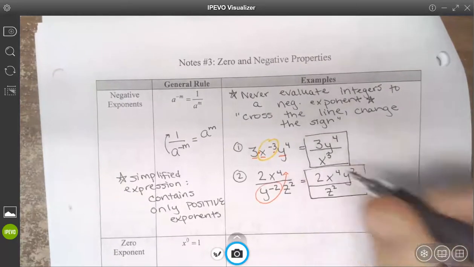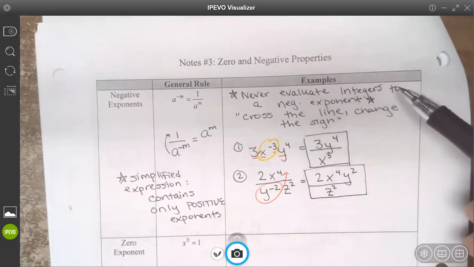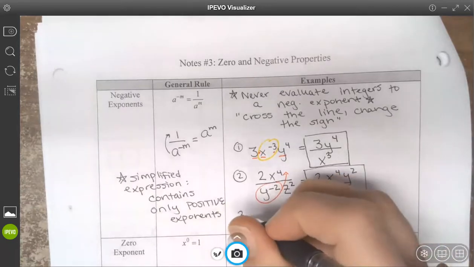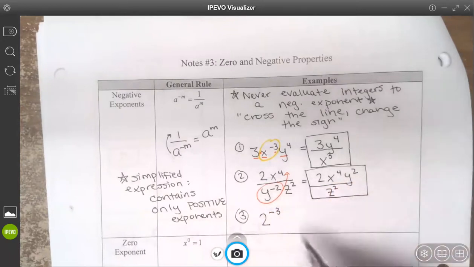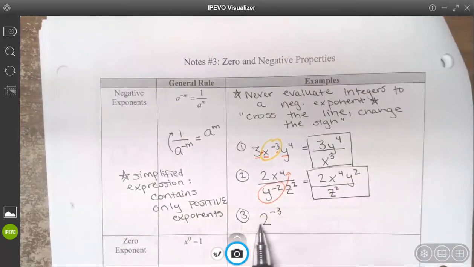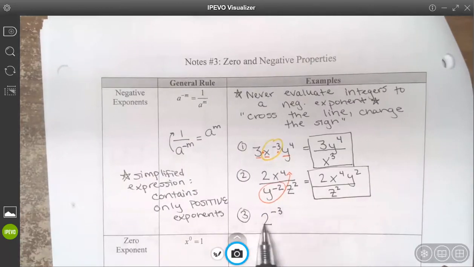Now let me go back to the first golden rule of never evaluate integers to negative exponents. What I mean is if I have something like 2 to the negative third, I cannot just make this, like a lot of students want to, negative 8. 2 cubed is 8, oh, it's negative, so it's negative 8. That's not true.